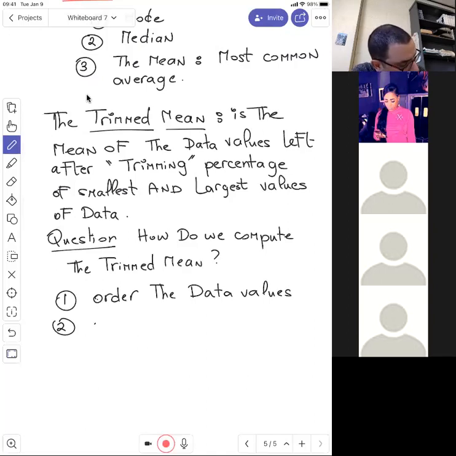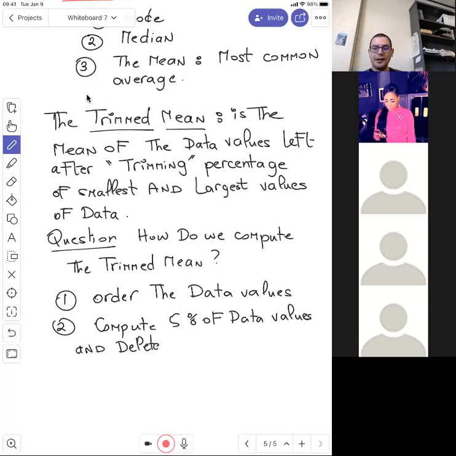Okay. Then we need to compute 5% of the data values, and then delete the top and the bottom 5% of your values.